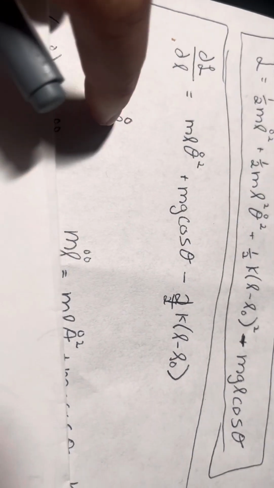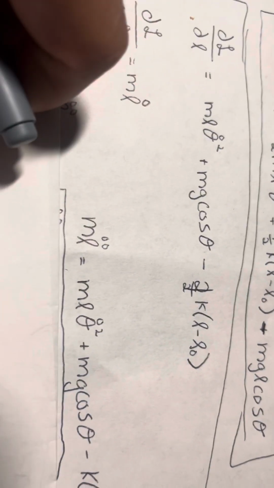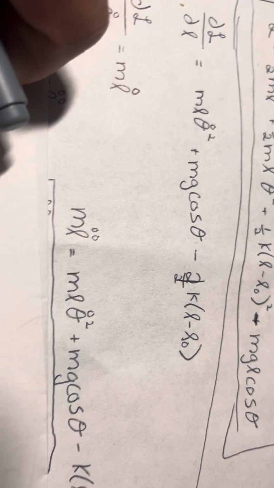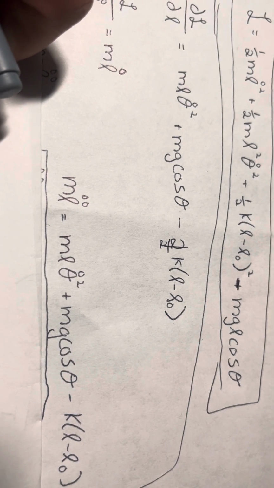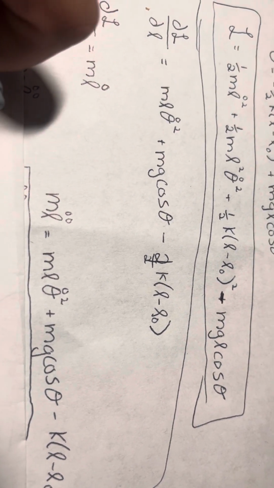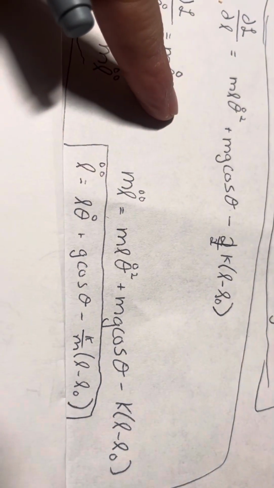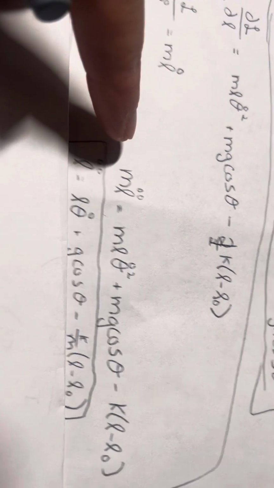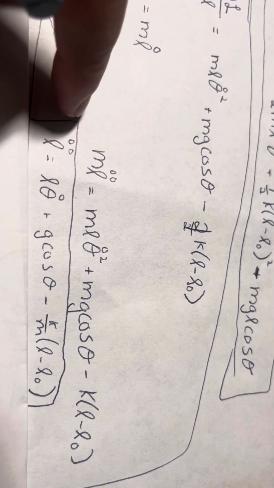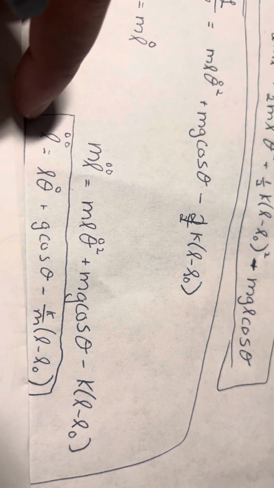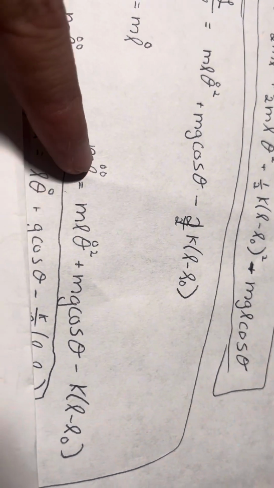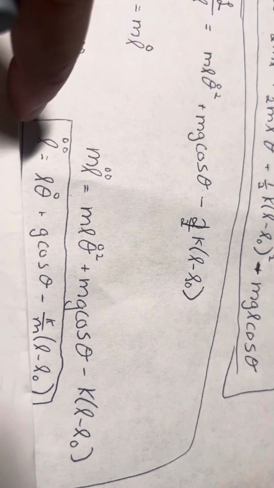So you have ml double dot is equal to ml theta dot squared plus mg cosine theta minus k (L minus L0), and dividing both sides by m, you get the equation for L double dot, which is dependent on theta dot, theta, and L.